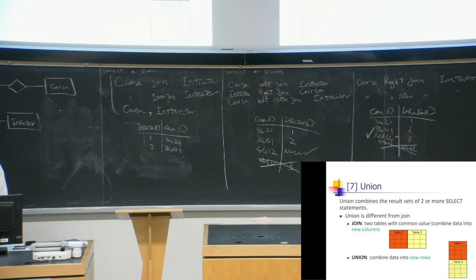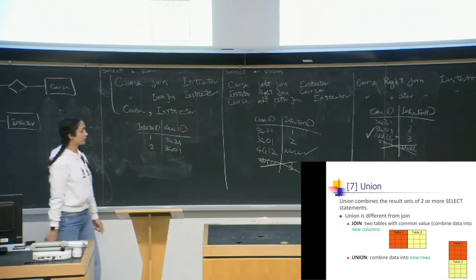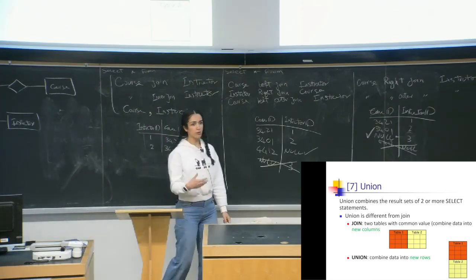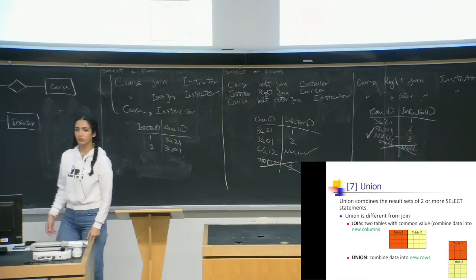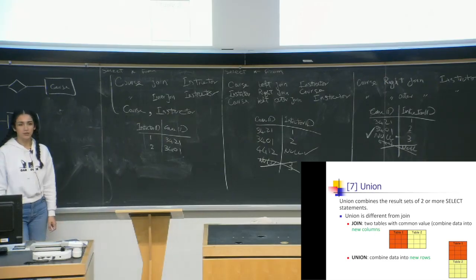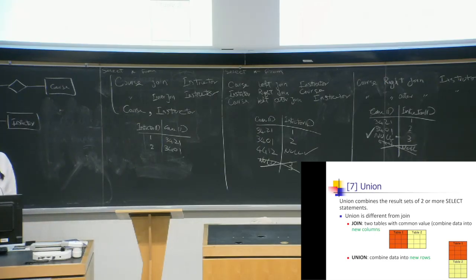Now union. Union combining the result set of two or more select statements. So when we join actually tables, what happens? So in the result, do you see more number of rows? Or no, we don't, right? So when we are joining tables, we will actually see more columns, right? Because we are getting columns from both tables.